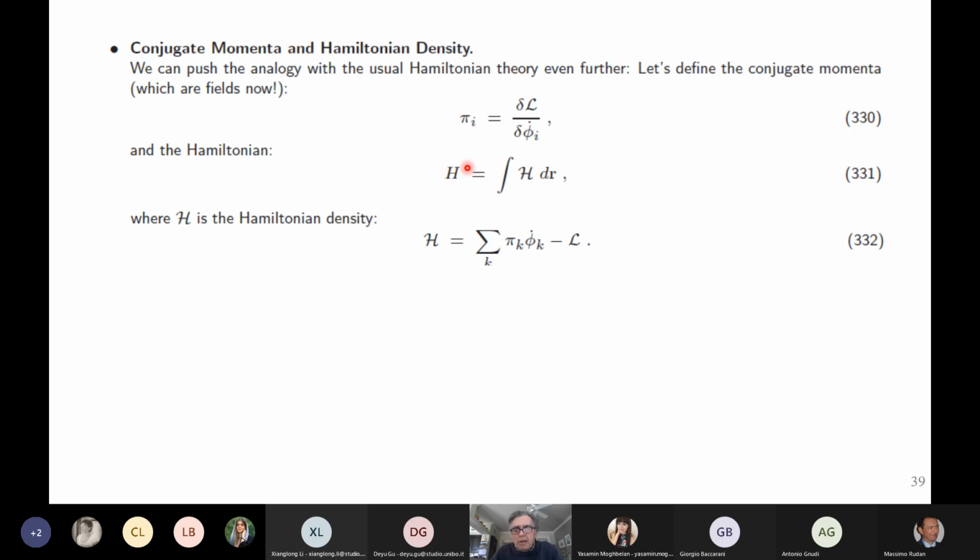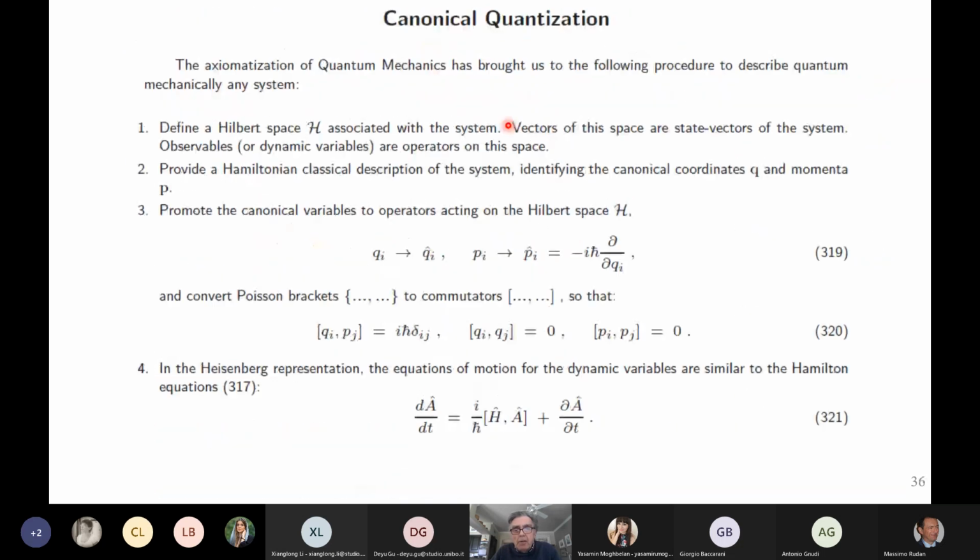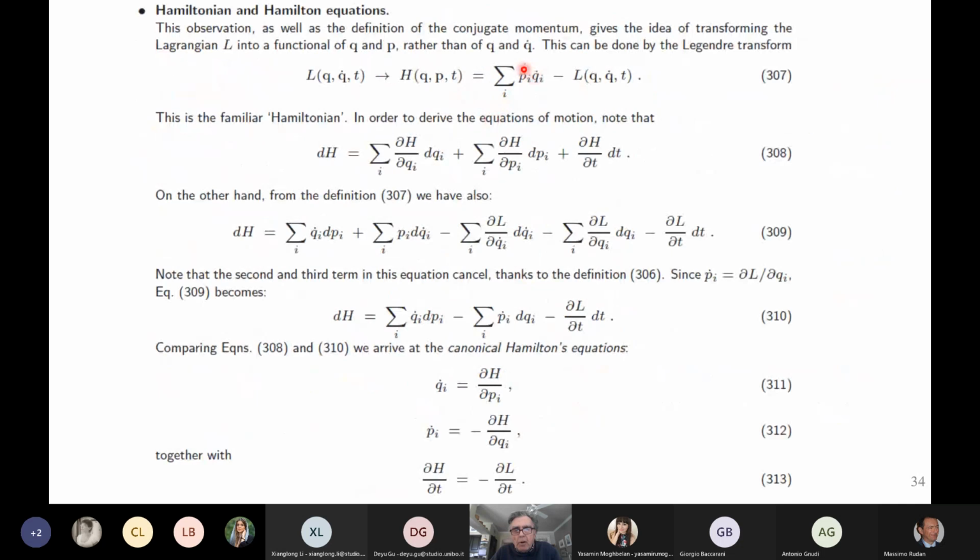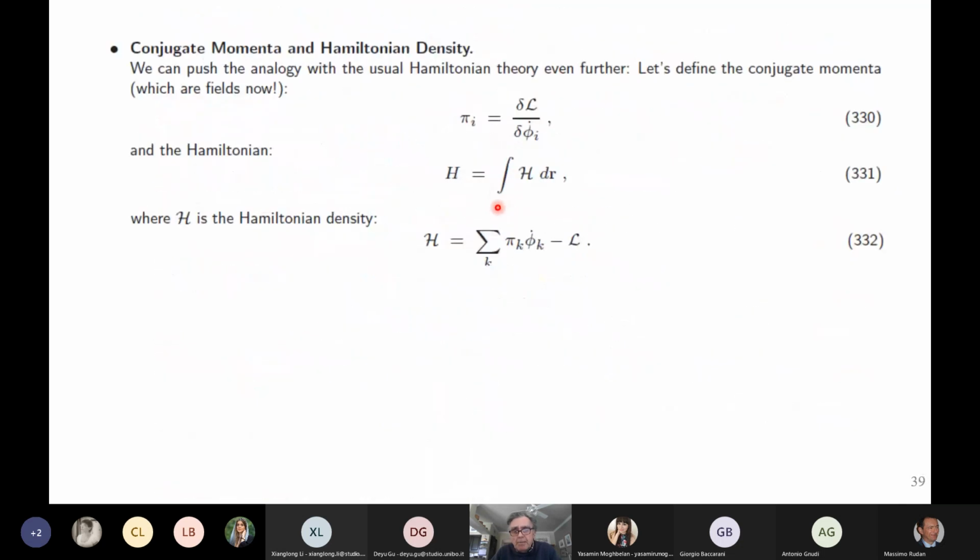The Hamiltonian is now defined in terms of a Hamiltonian density, and the Hamiltonian density is related to the Lagrangian density exactly by the same expression that I pointed out before. That is a sum of p q dot, and here I have an integral of pi phi dot.